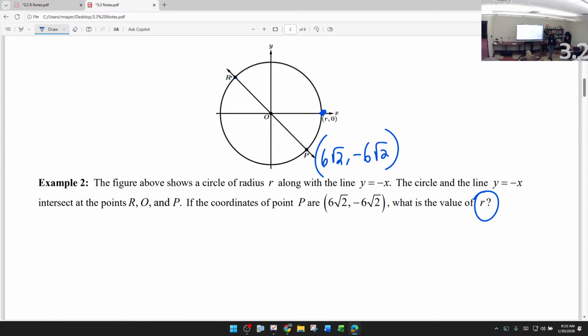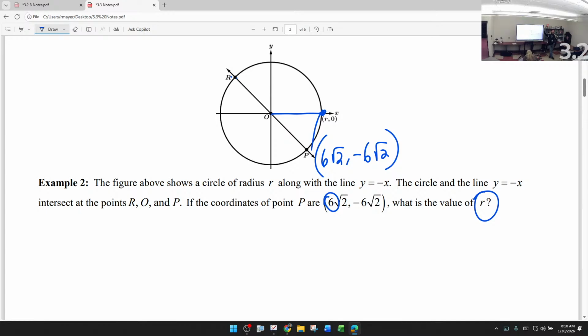I got to use the Pythagorean theorem to figure out what the hypotenuse is. If this is 6 root 2 and this is 6 root 2, I was getting ready to have to double it because I got 2 of those. Use Pythagorean theorem.